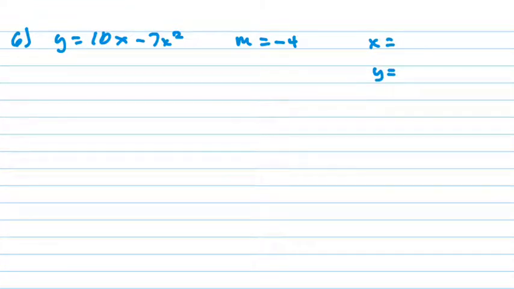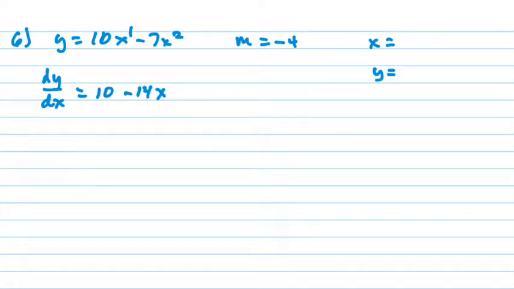If I know the slope, the way to find slope for the function is to do the derivative. So dy/dx equals 1 times 10 is 10, x to the 1 minus 1 is x to the 0, so the x goes away. 2 times negative 7 is negative 14, x to the 2 minus 1 is just x.